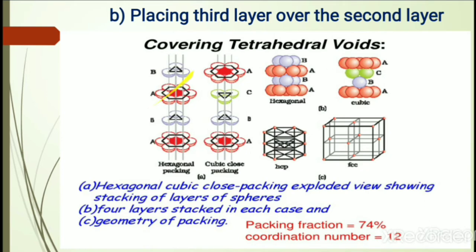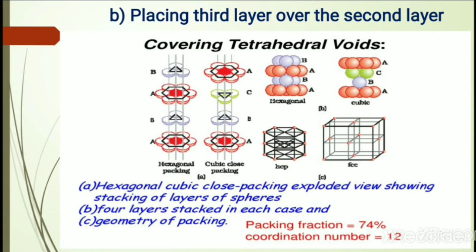Let us come to the first one, covering of the tetrahedral void in case of the hexagonal close packing structure. The tetrahedral voids of the second layer may be covered by the spheres of the third layer. So here the first layer is A, then B, then A, B. So this type of arrangement forms the AB type of arrangement.